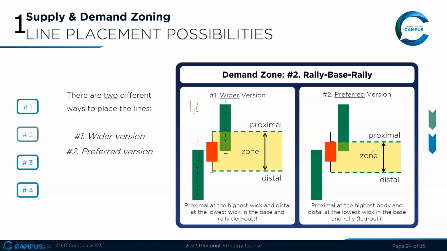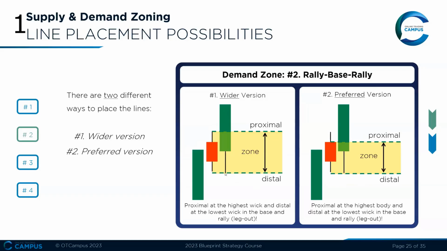Now the preferred, the distal is exactly the same, right? The distal goes to the lowest wick of the base, including the leg out. However, now as we try to make the zone smaller, we're going to use the upper body rather than the upper wick to place our proximal line. Now, here you can see what would happen if your leg out had a longer bottom wick than the base.